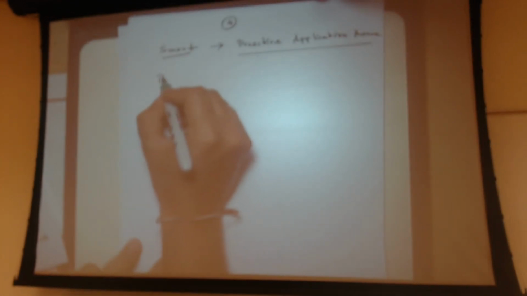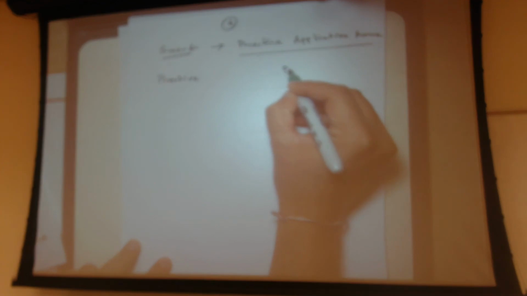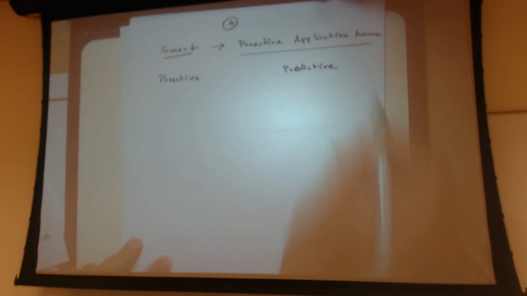Actually, there is a slight distinction between proactive and predictive. Let's talk about it. What does it mean by proactive and predictive? There is a big overlap, but there is also a small slight distinction. Proactive means taking an action before an event has happened. Right? So the action by itself might not be predictive, it might be static action.